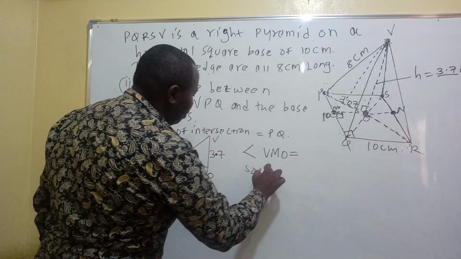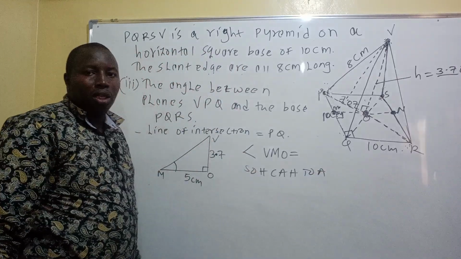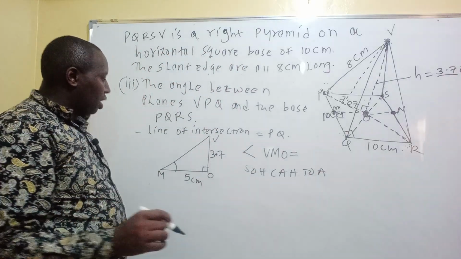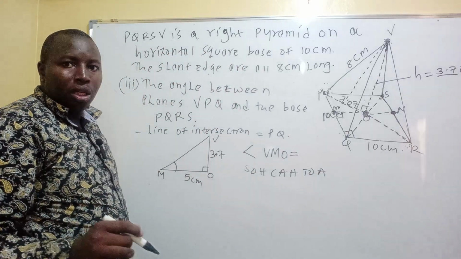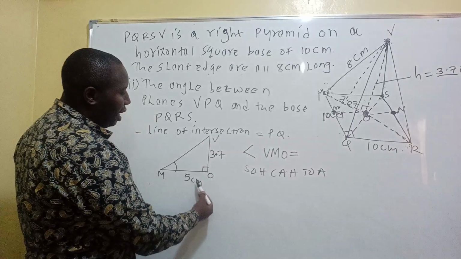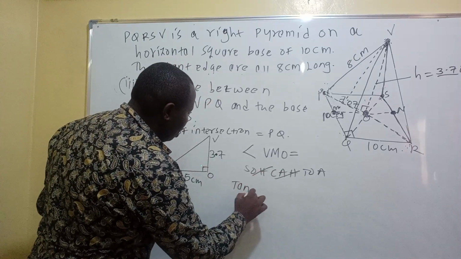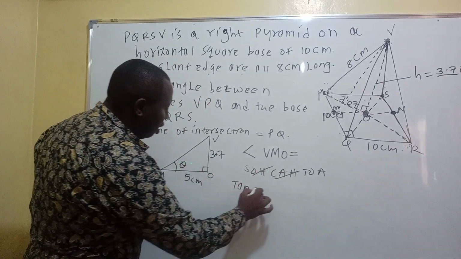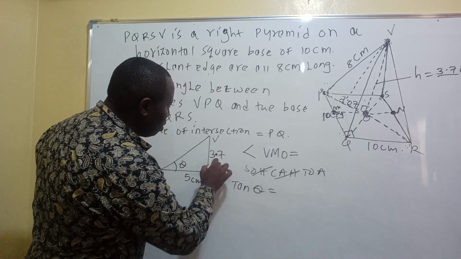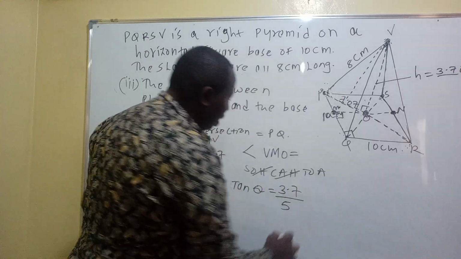So use SOHCAHTOA. We leave the hypotenuse. Now use opposite and adjacent. So tan of the angle theta is equal to opposite, 3.7, over adjacent, which is 5.